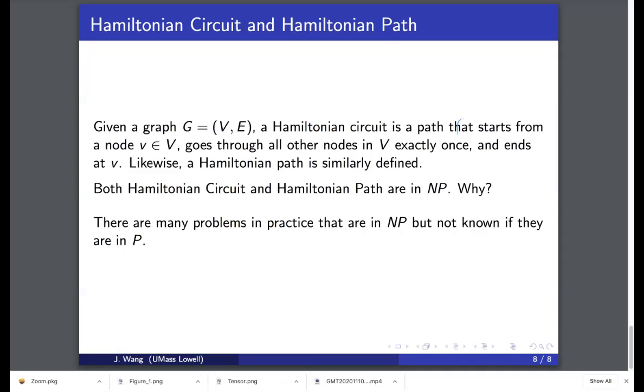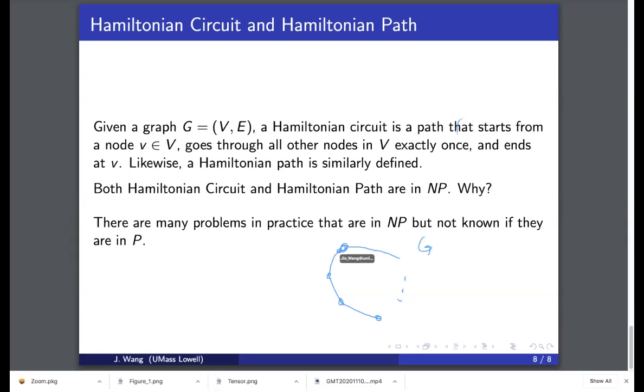A Hamiltonian circuit is just, given a graph G, a path that connects all the nodes in G exactly once, and it ends back where it started.